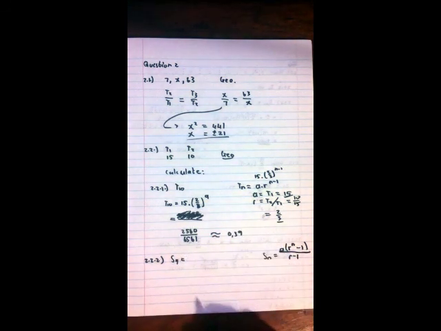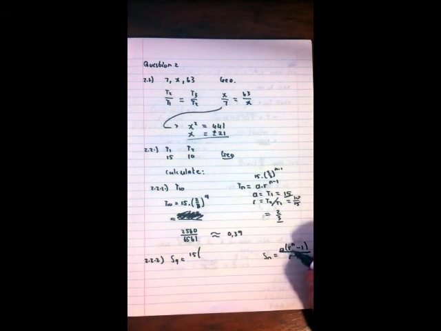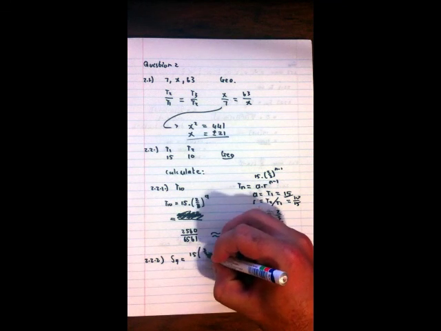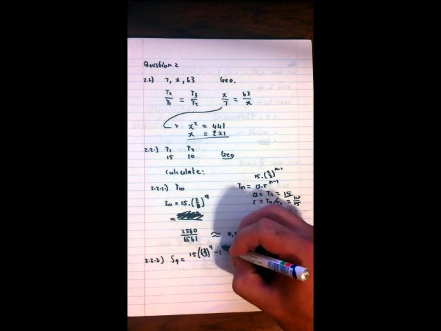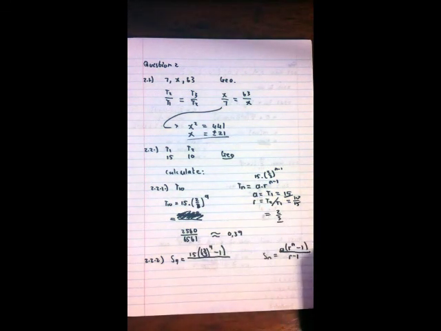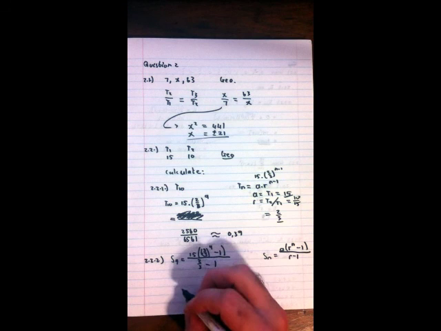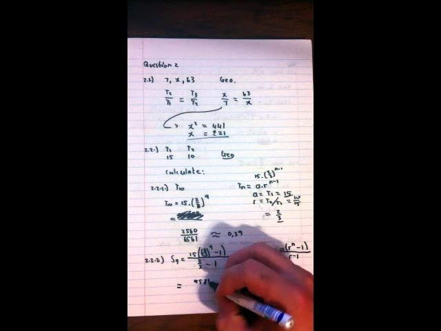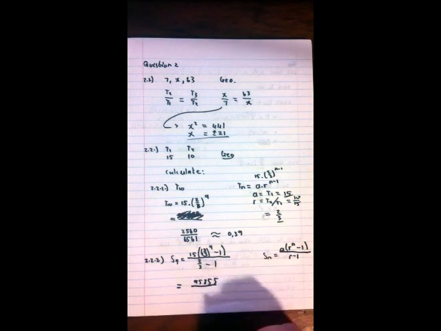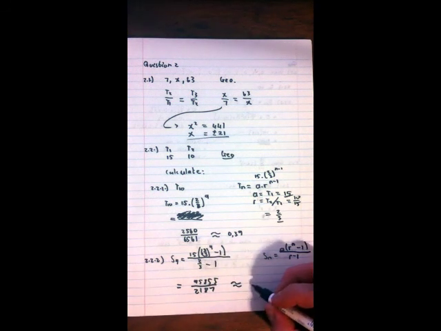S9 is equal to a, which is 15, times r, which is 2 over 3, to the power n, which is 9, minus 1, all over r minus 1, 2 over 3 minus 1. That calculated is equal to 95,855 over 2,187, approximately equal to 43.83.